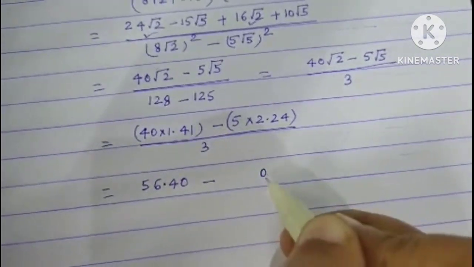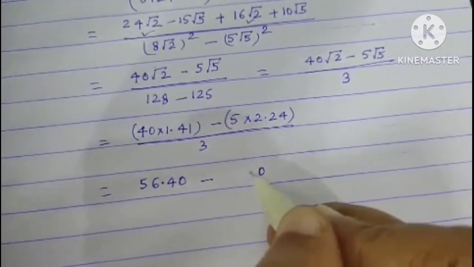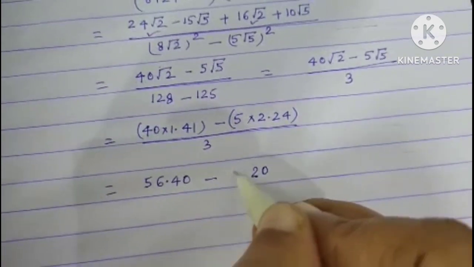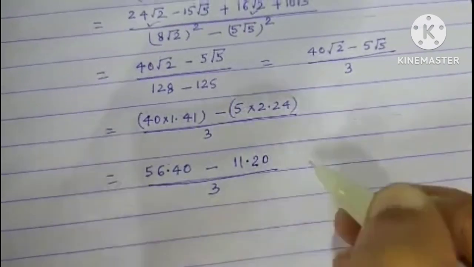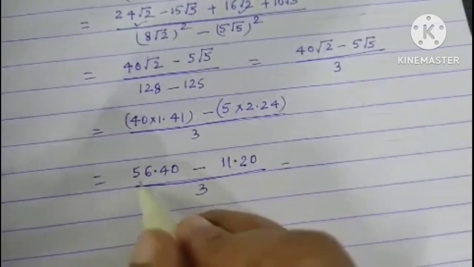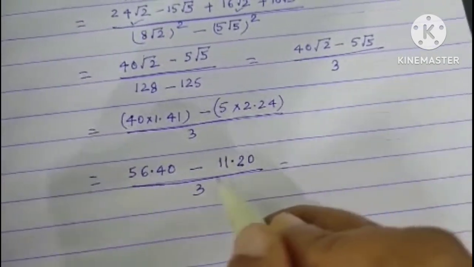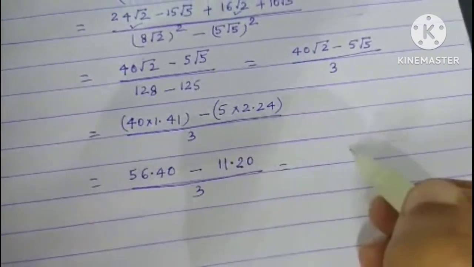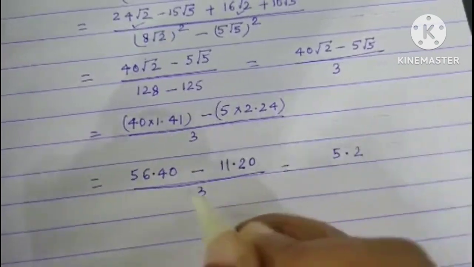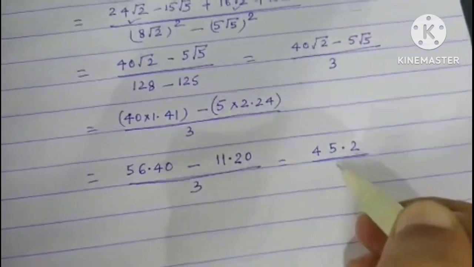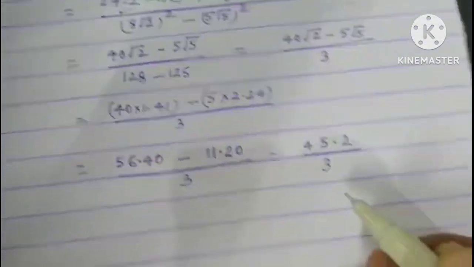Then 5 into 4 is 20, 5 into 2 is 10, and 5 into 2 is 10, 1. Okay, and divided by 3, that is equal to 56.4 minus 11.2, so 45.2 divided by 3.